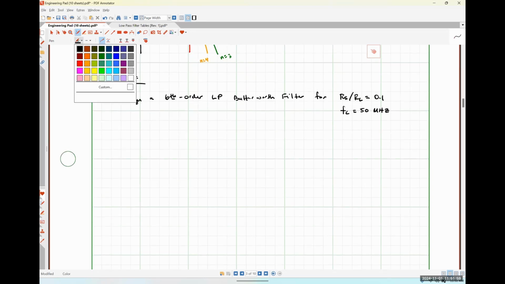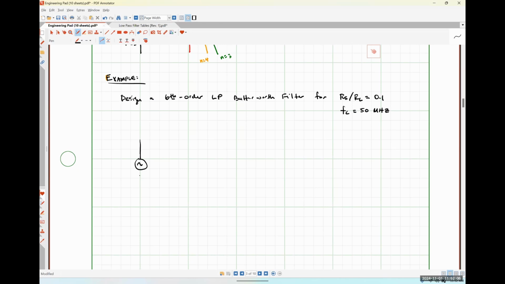Our general circuit would be something like this. Here's our input signal.